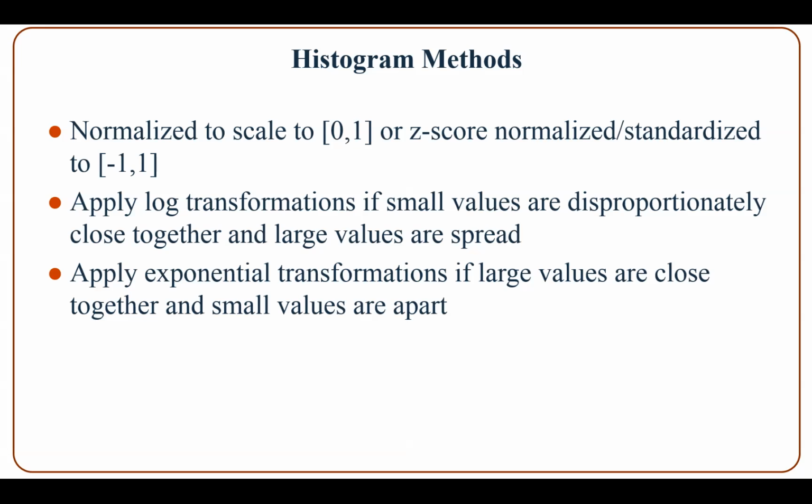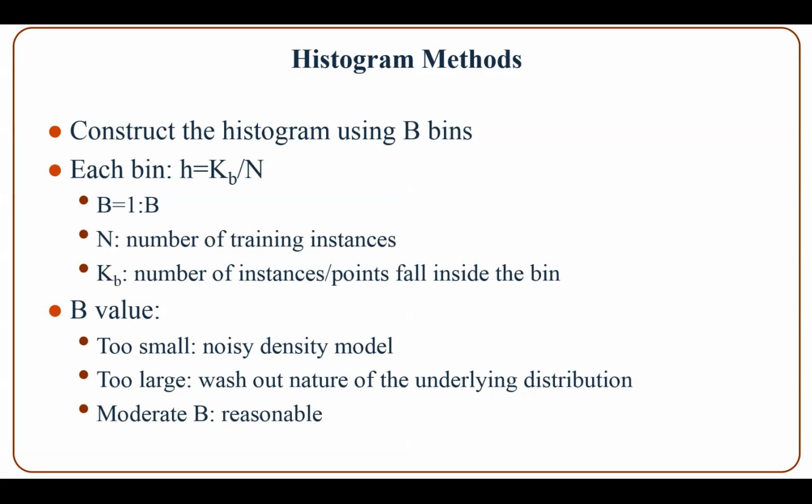And exponential transformation may be applied if large values are close together and small values are apart. Then the histogram can be constructed using B bins. In each bin, there are n training instances and kb instances or points fall inside the bin, and the bin height is equal to kb divided by n.